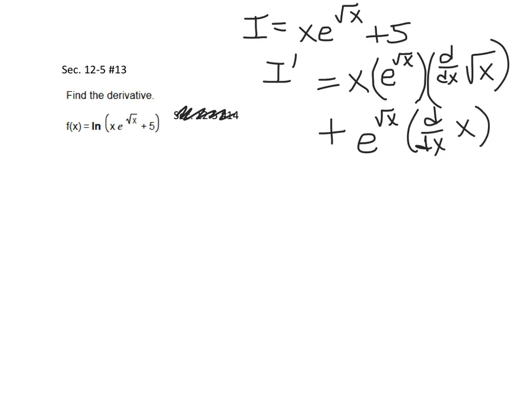Now, the derivative of the square root of x is the derivative of x to the 1/2.